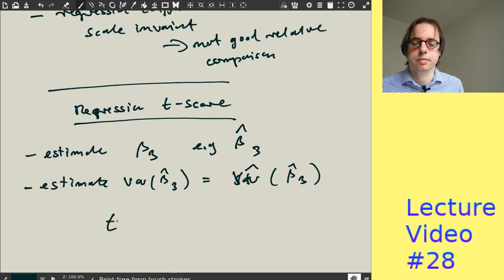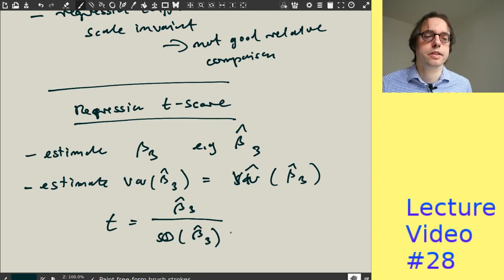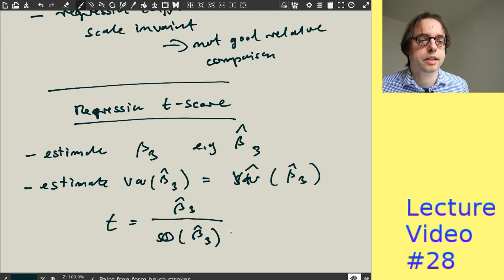So we build the ratio of the fitted regression coefficients divided by the standard error of the regression coefficient. So this will take care of the scale, and it will also at the same time include the uncertainty about the fitted regression coefficient.